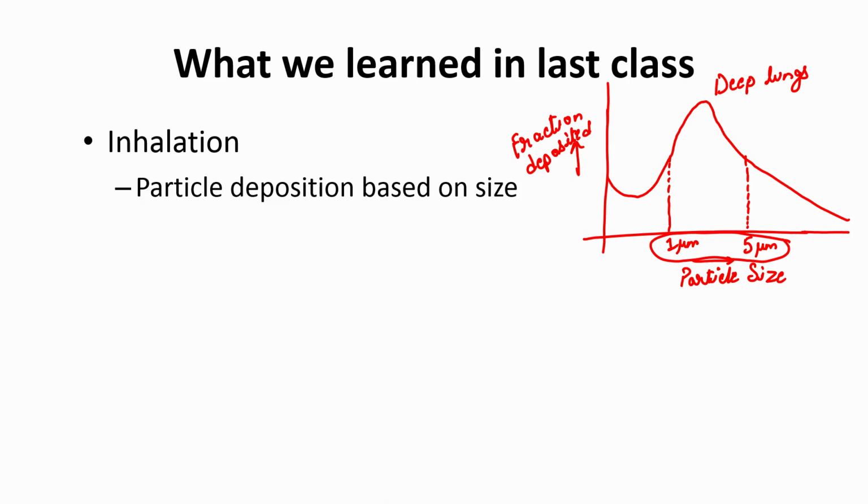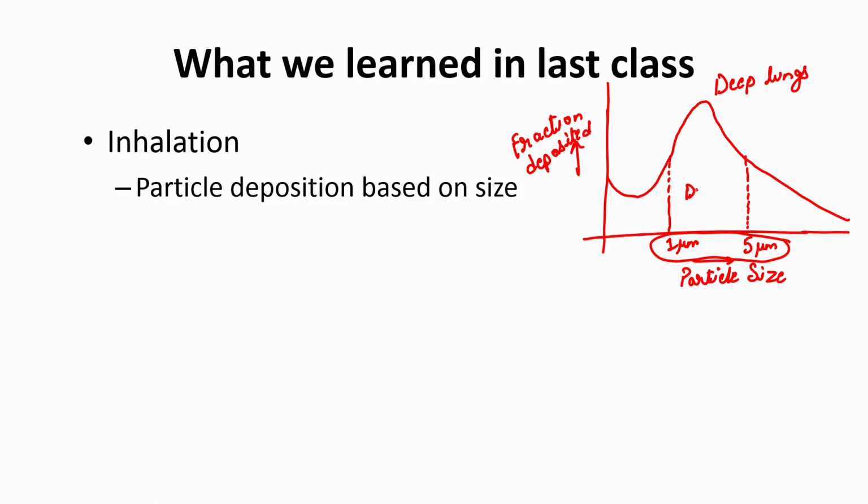It is an interplay of 3 different forces: the gravitational sedimentation, the inertial impaction, and the Brownian motion. And it just so happens that the velocities that we deal with in the lung, this size range helps in better deposition.